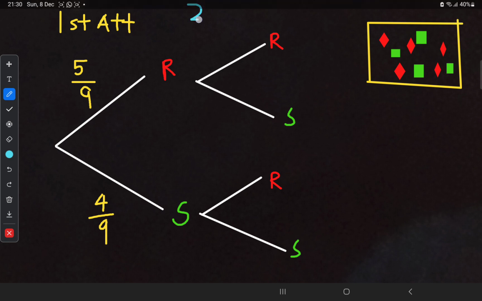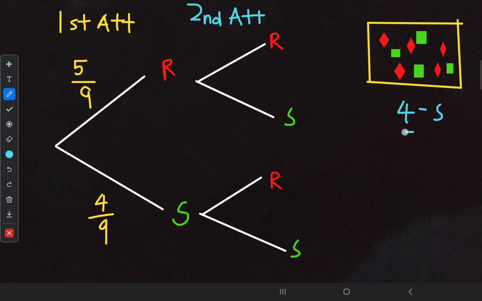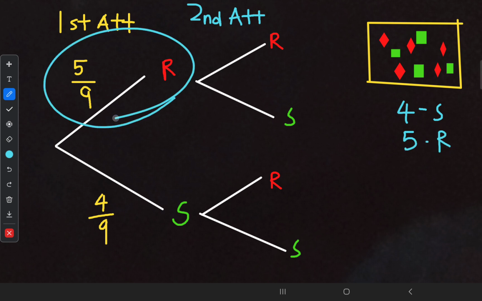In your second attempt, just think you already have 9 objects: 4 squares and 5 rhombus. In that, you already picked one rhombus. Here we are talking about without replacement.